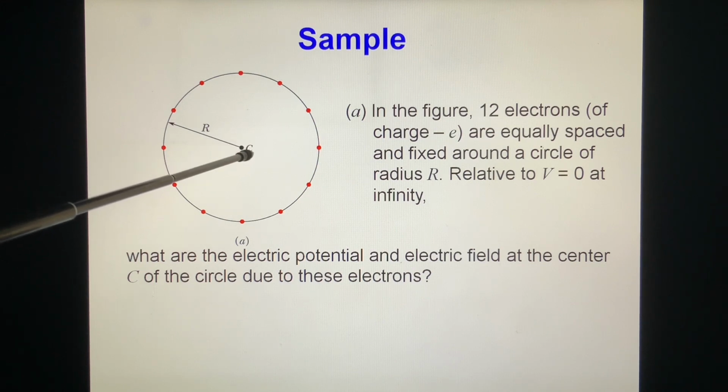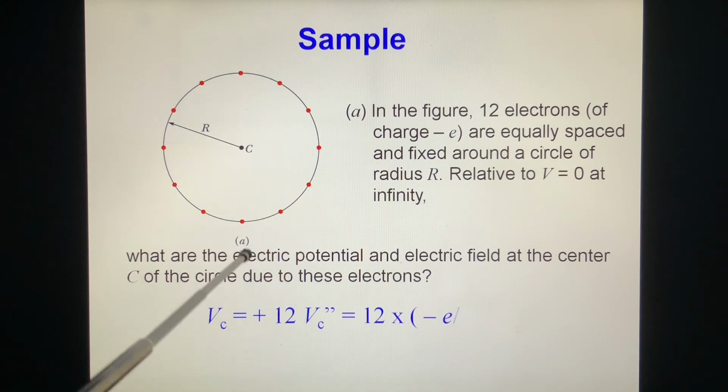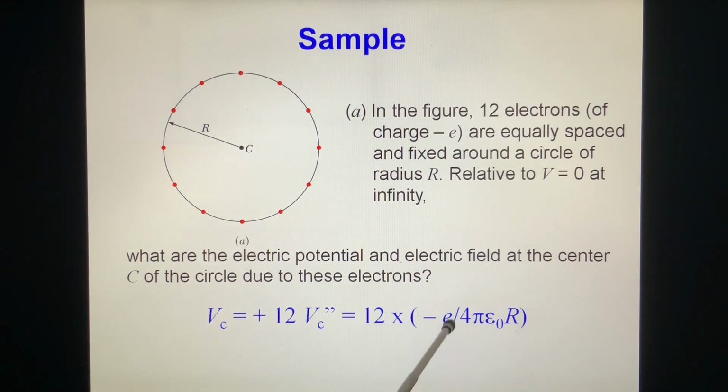We find this potential V and electric field E. We sum the 12 together, and this equals minus 12 e over 4 pi epsilon R. We get the answer.